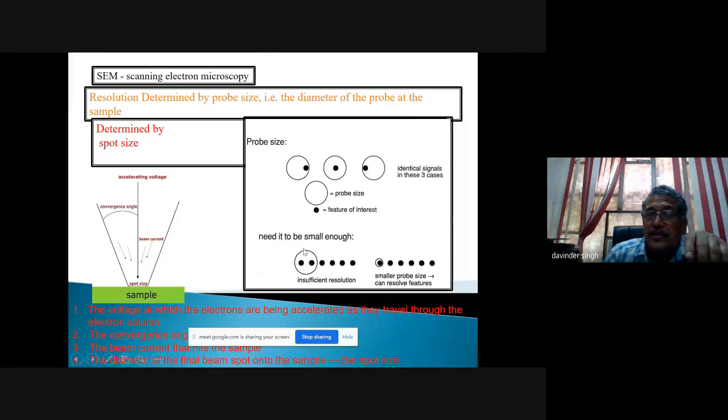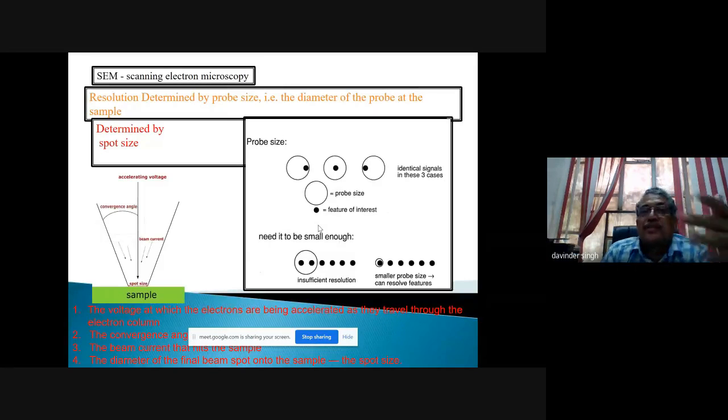But if you have this type of sample and the spot size is very big, you cannot resolve. So definitely a smaller probe size is required so it can resolve. So this probe has to be as fine as possible to get better resolution.